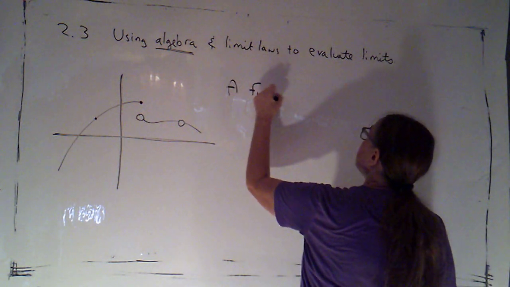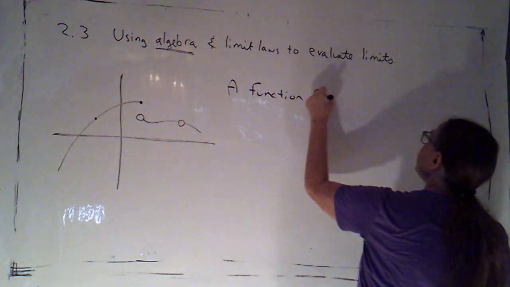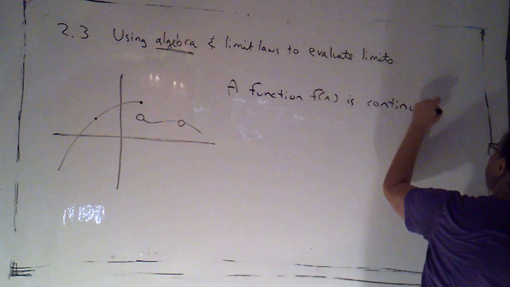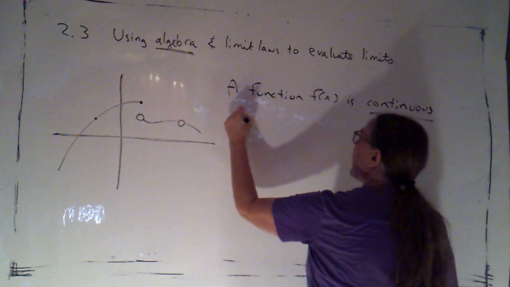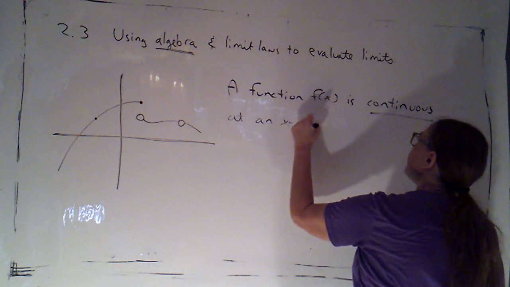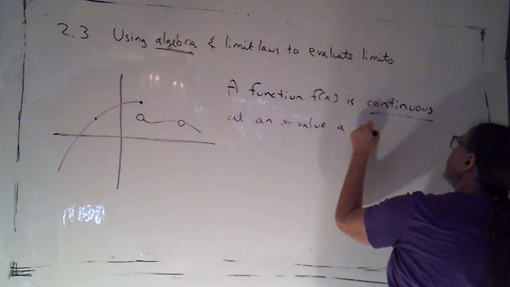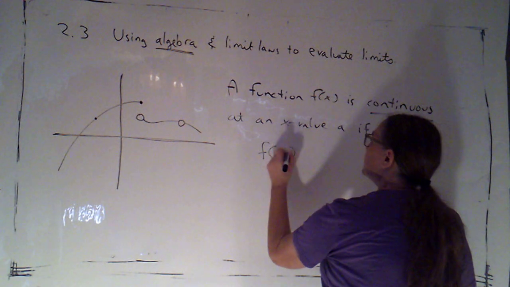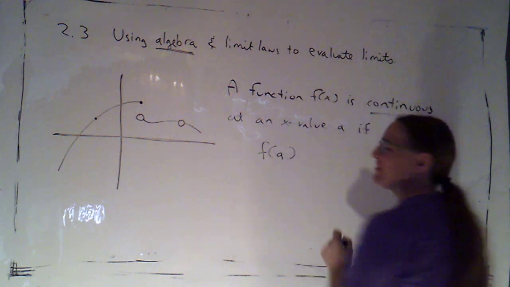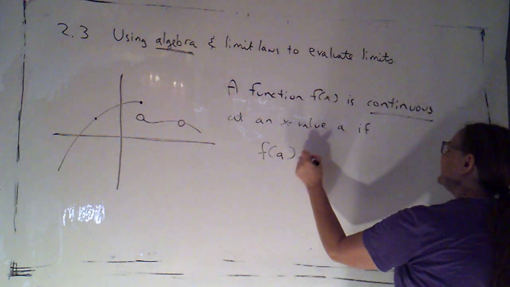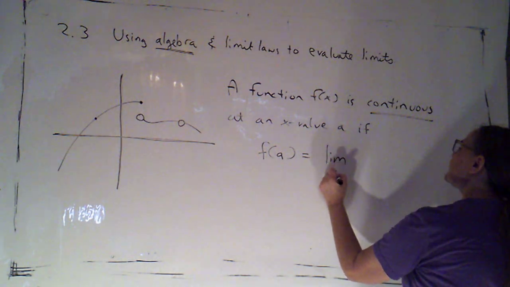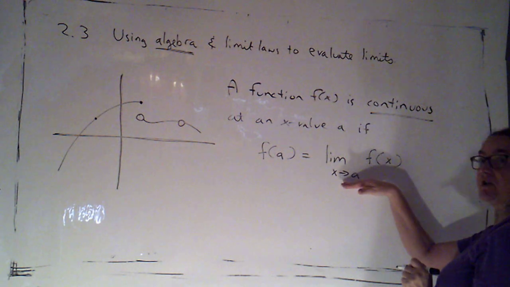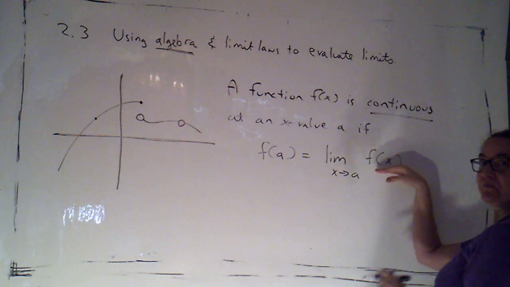So, a function f of x is continuous at an x value a if what we get, which would be the function value at a, is what we expect, which would be the limit as x approaches a of f of x.